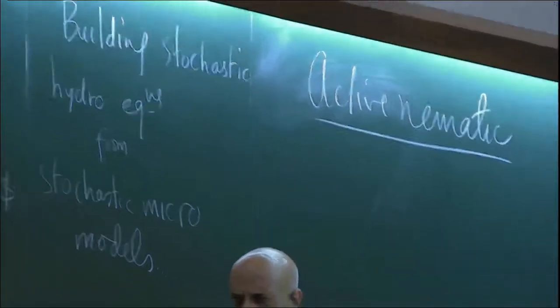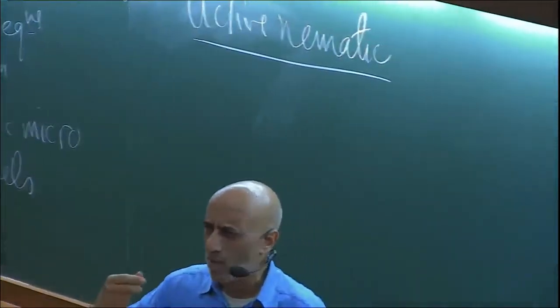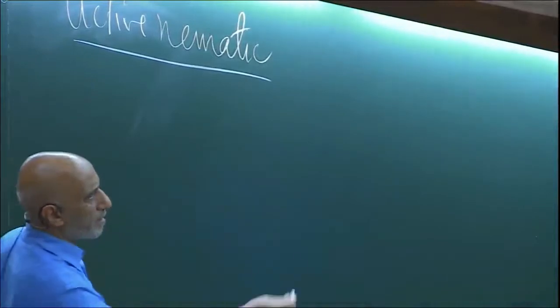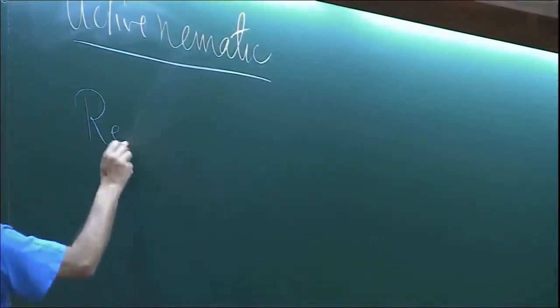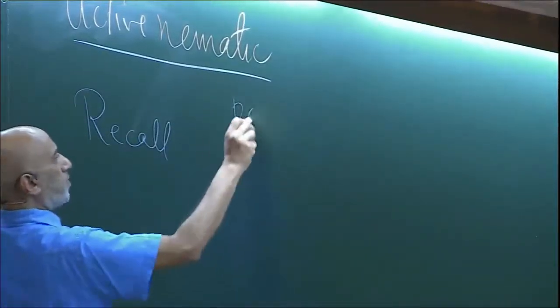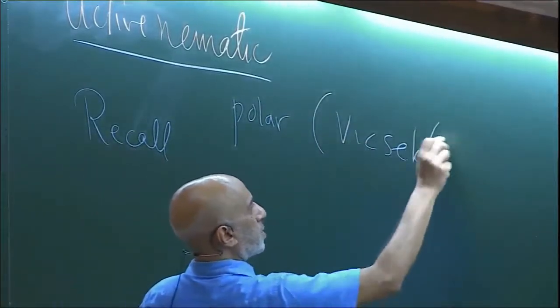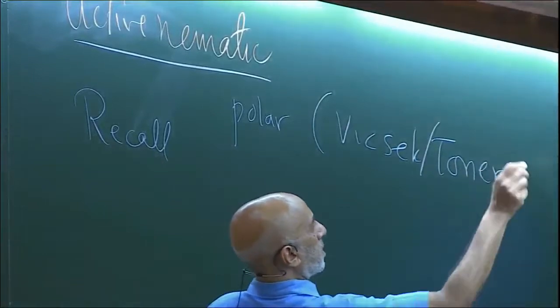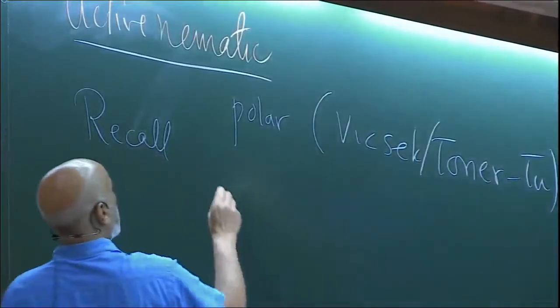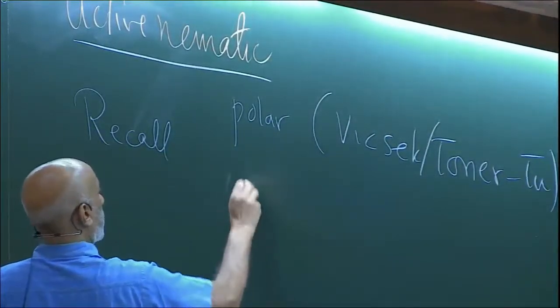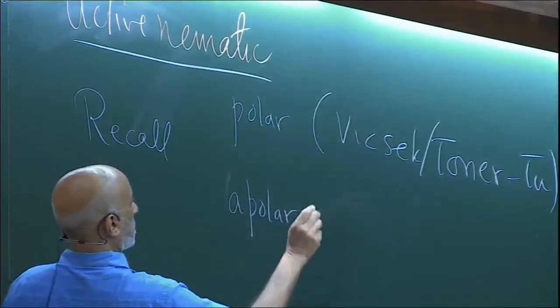so if you recall, we've talked broadly about two kinds of models. We've talked about polar systems, which is Vicsek, Toner-Tu. And you had these funny apolar things that we talked a fair bit about in the last lecture or so.